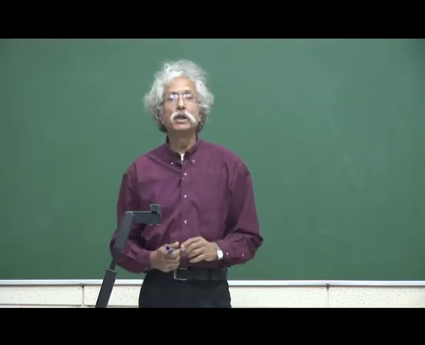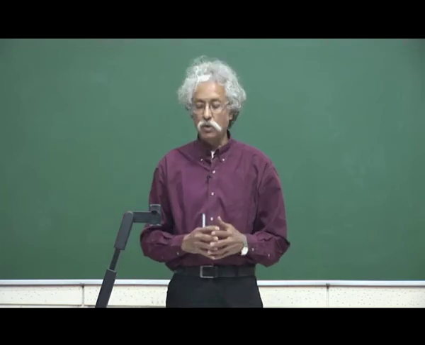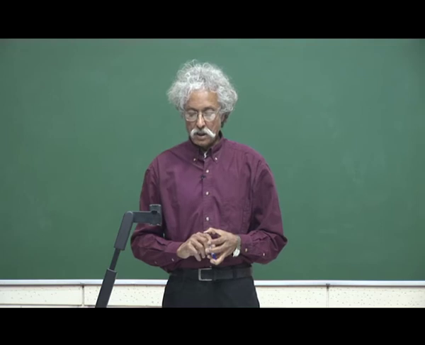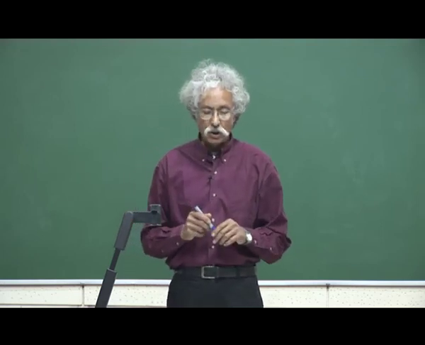Now, let us recall, we have now discussed almost all the basic requirements in electromagnetism. Before we move on, I just want to recall Faraday's law of induction and Ampere's law.